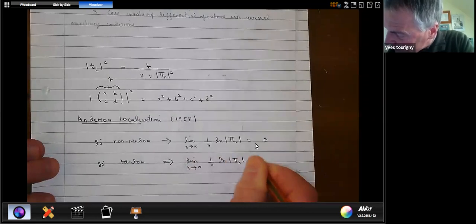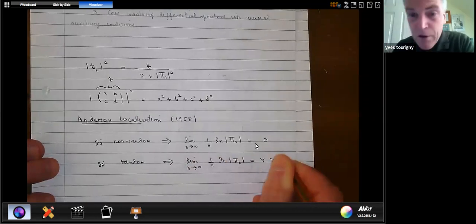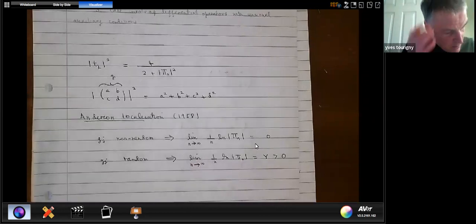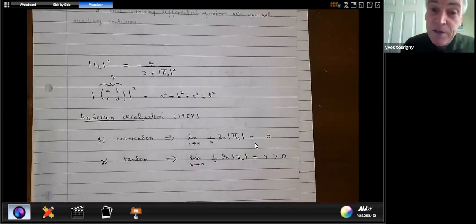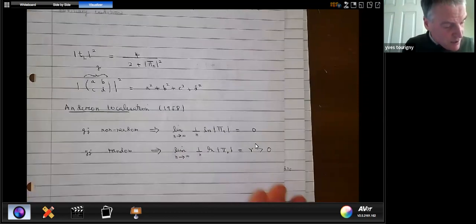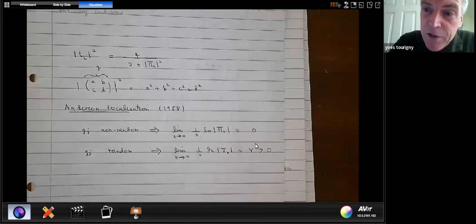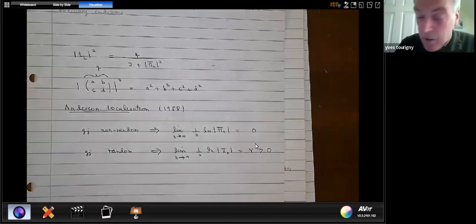So in that case, you can show that there'll be a number gamma, which is positive, and that implies what I said, that the transmission decays exponentially with the length of the sample, meaning that if the sample is long enough, then nothing gets through, which is the localization phenomenon.